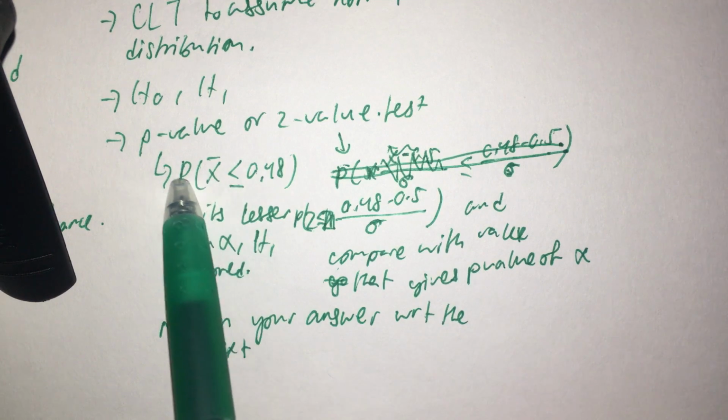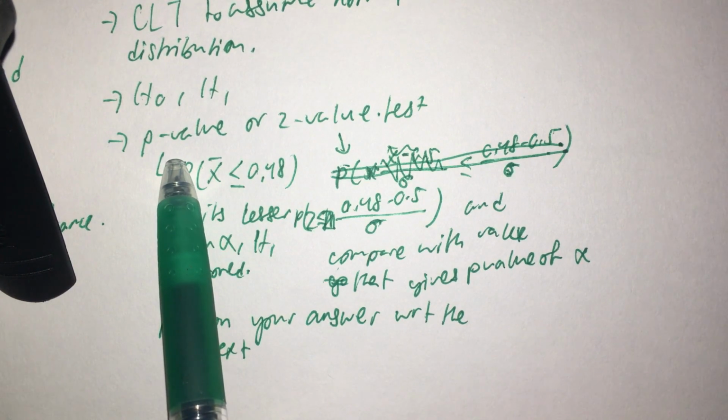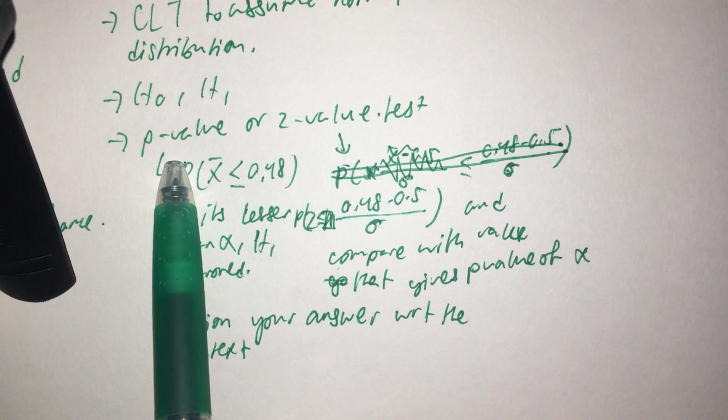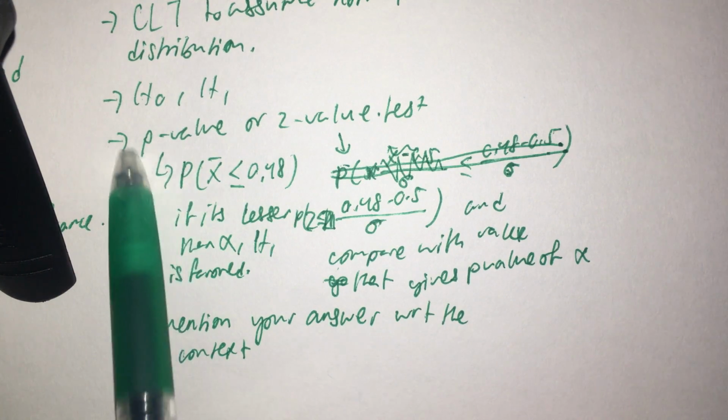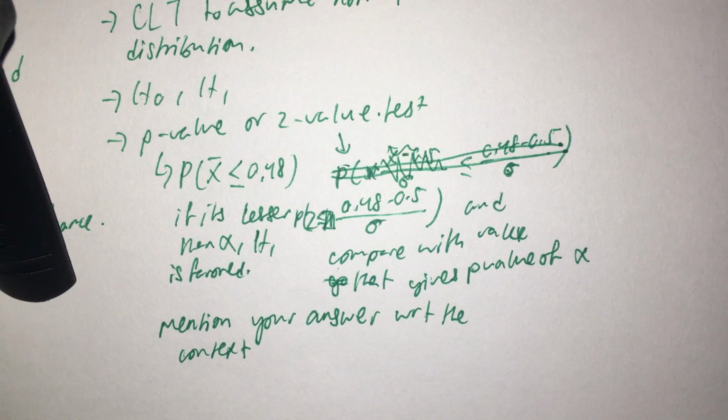So depending on what your alternative hypothesis is, let's go with the scenario of the mean being less than 0.5. You can either use the p-test or the z-test. I think that's how you would say it. But usually it's easy enough to use the p-value.